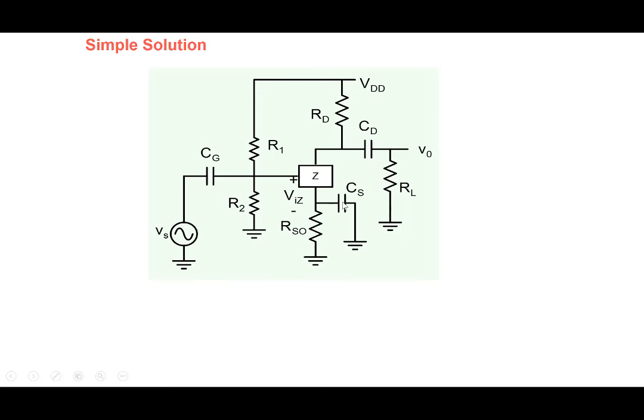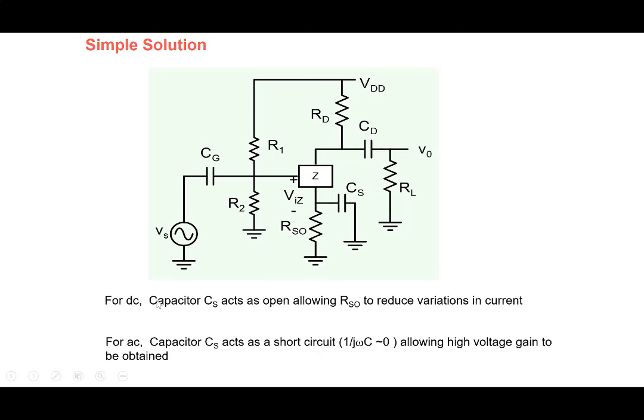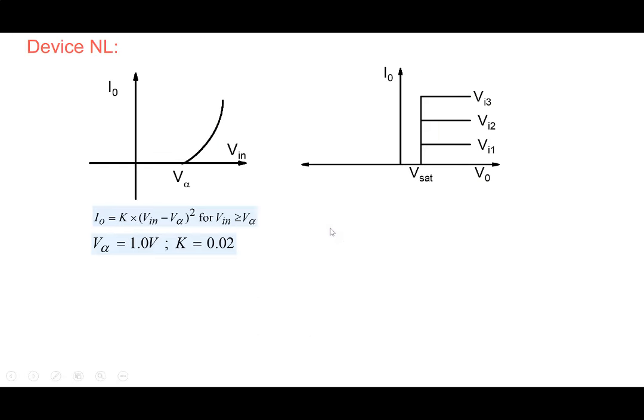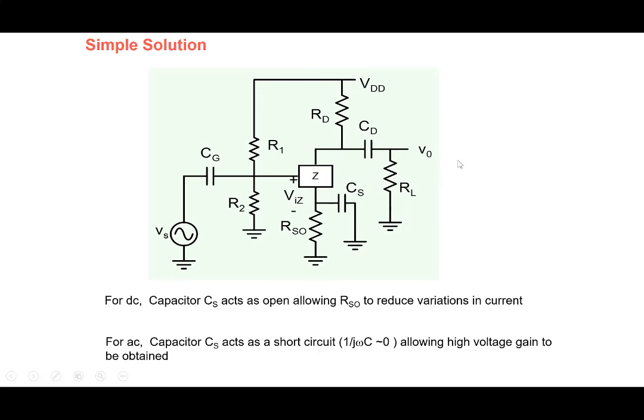And if this 1 by omega Cs is very small, then effectively Rs0 is shorted out, right? And therefore, we will get a gain equal to the earlier value, which was minus Gm RD parallel RL. The term in the denominator will go away.